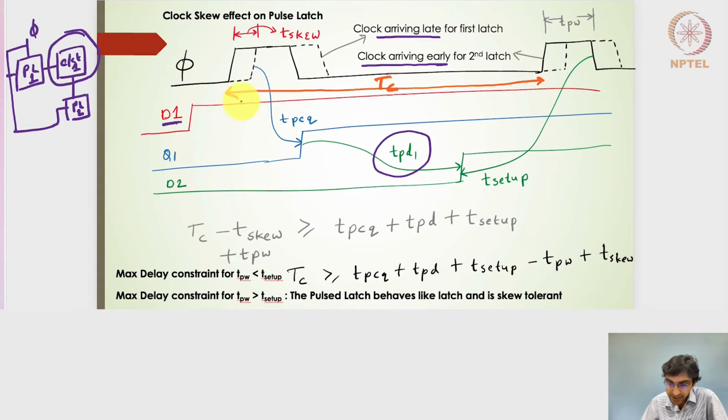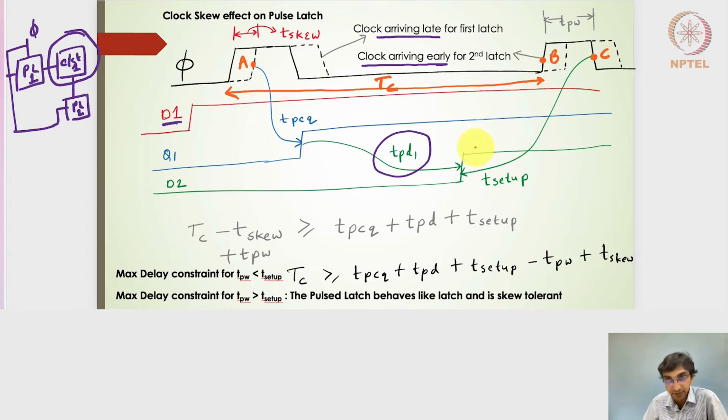TC minus TCQ will give me the span from point A to point B. A to B plus the TPW will give me this TC point.